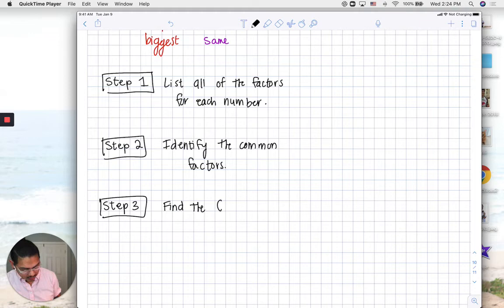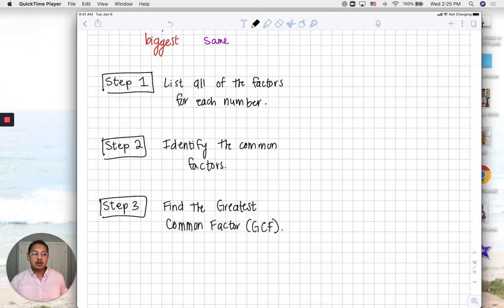And I want you to please write out greatest common factor, because I want you to know what GCF stands for. So if you do these 3 steps, you can definitely find the greatest common factor.